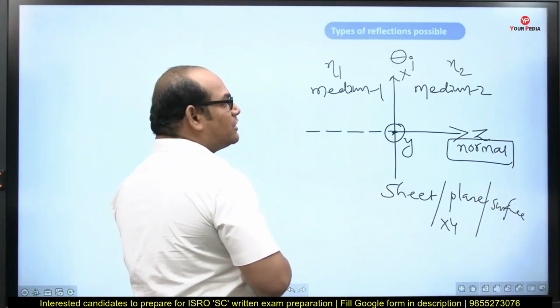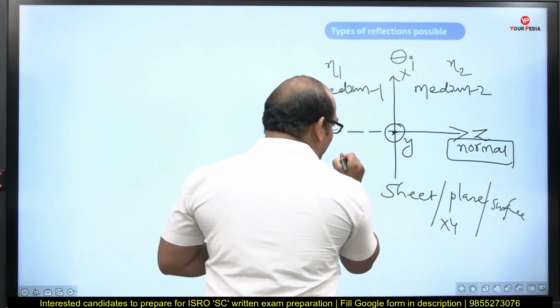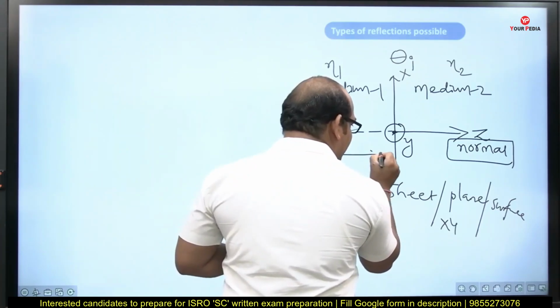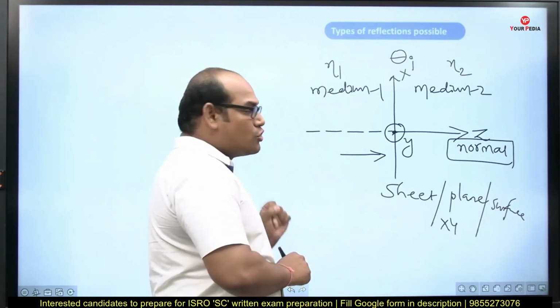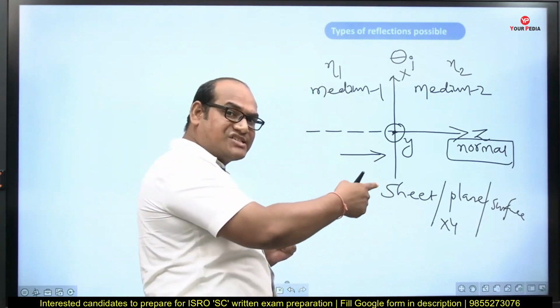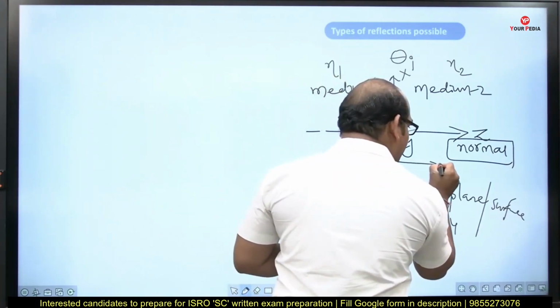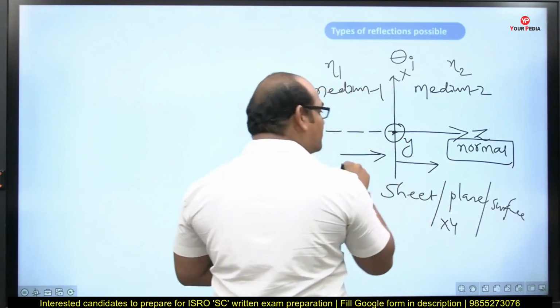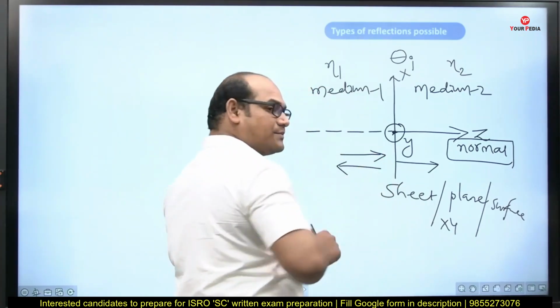For example, this particular electromagnetic wave is incident like this on the interface. Because impedance mismatch is already there, a certain portion of this signal will be transmitted into medium 2 and the remaining portion will be reflected into medium 1 only.